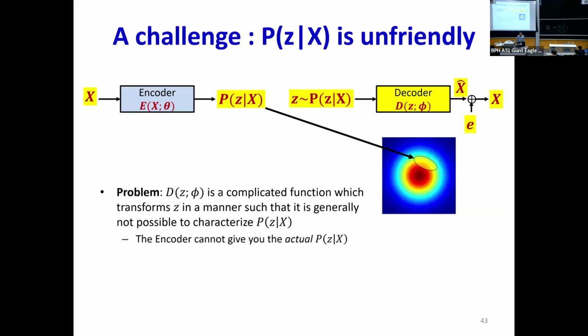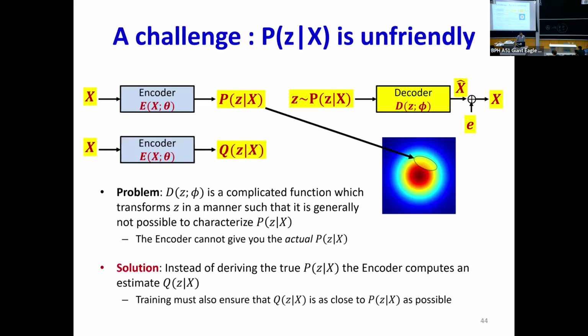So it's in general not possible for us to compose an encoder that gives us P of z given x exactly. Instead, what we will do is to try to approximate it. Our encoder is not going to give us P of z given x. It gives us some other distribution q. And the objective is that when you train the encoder, the q that it computes must be as close to the true posterior P of z given x as possible.